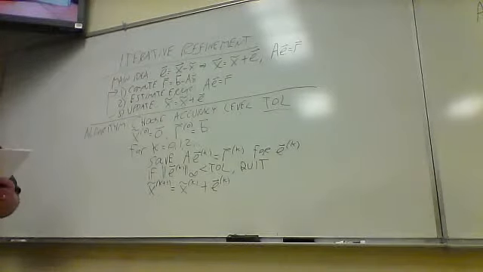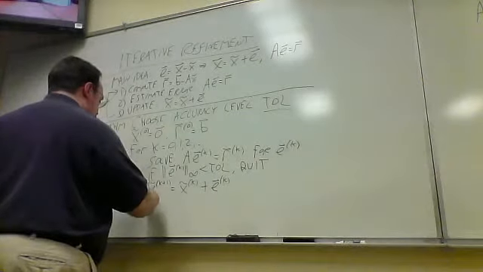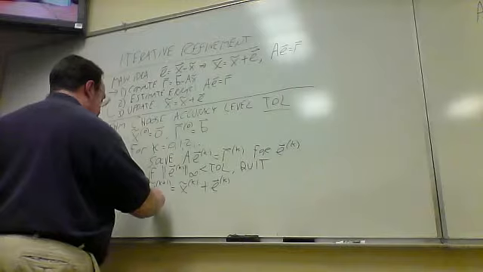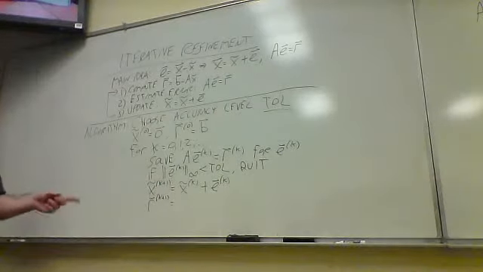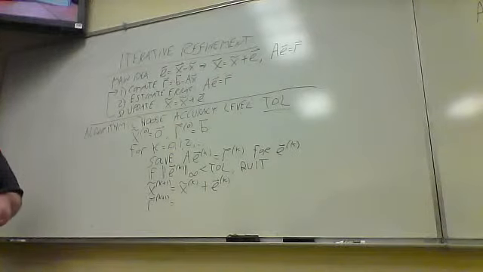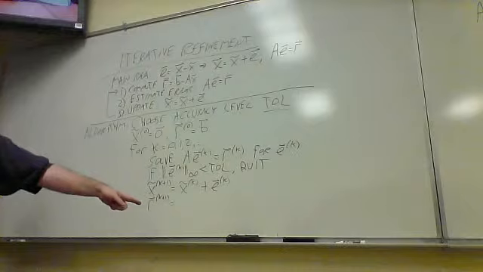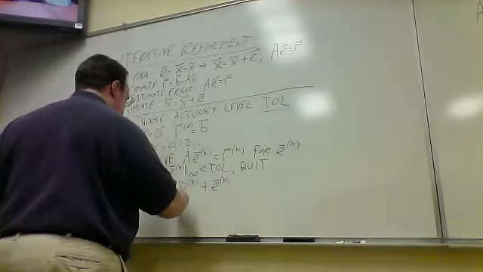And then our new residual. Now, we know what the formula for residual is. It's B minus A times computed solution. So you might think, oh, that's what I'll do here. But I'm not. And I'll explain why shortly.